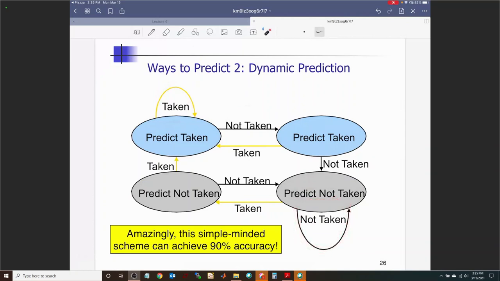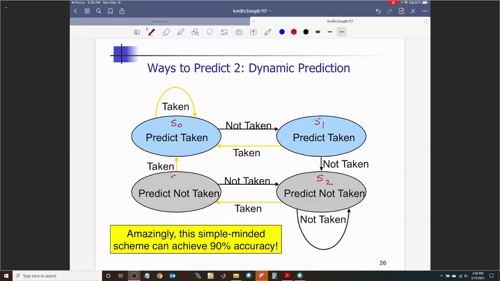So these are states. Now, if you are in a state in which you are predicting that the branch is not going to be taken, you would need two branches to be taken to change that to predict taken, right? So you can think of it as, say, this is S0, S1, S2. These are states.